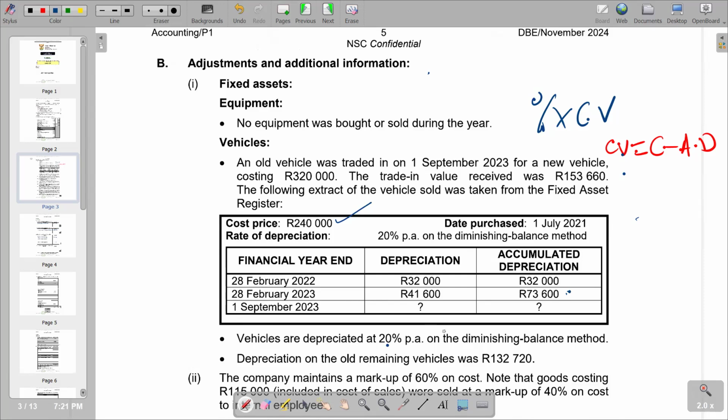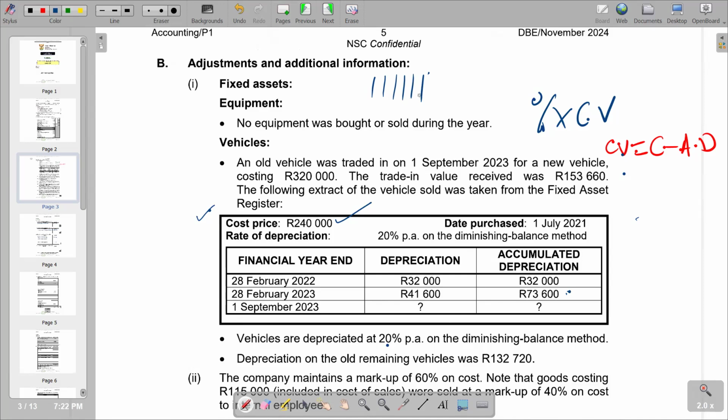So when we have done that, we are supposed to multiply again by 6/12, because this traded in vehicle stayed for 6 months. Remember, it stayed from the end of 28 February 2023, that is from 1 March 2023 up to 1 September. So you're saying the whole of March, April, May, June, July, August, and then 1 September, that's when it was traded in.